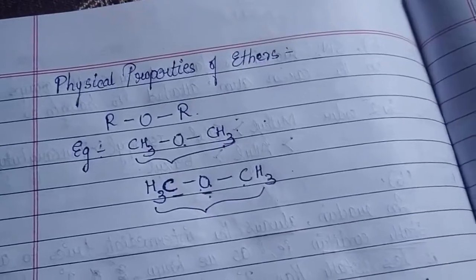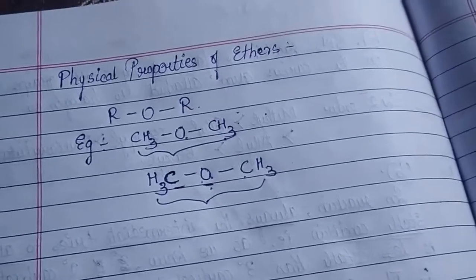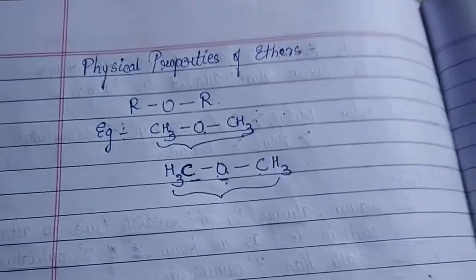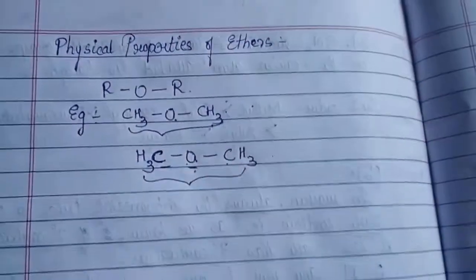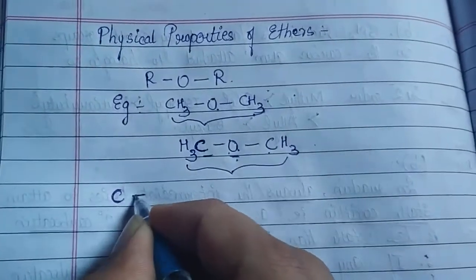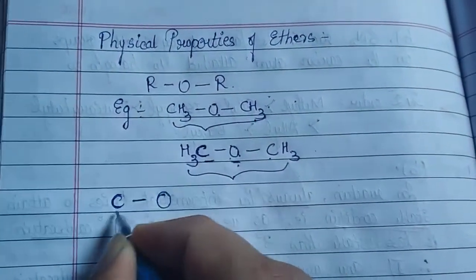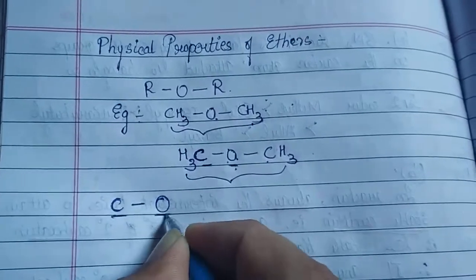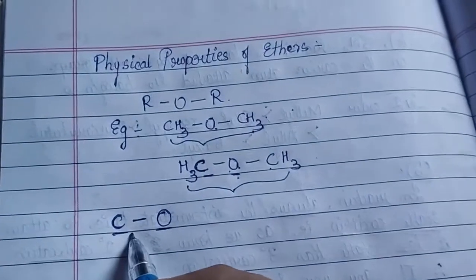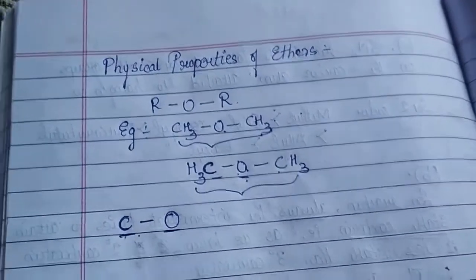But of course we know that such a polarity will exist depending upon the bond present between the different atoms. So in ethers, when we see that bond representation, we came to know that the bond existing in ether is mainly between your carbon and oxygen. I repeat, the bonding present in the ether is between your carbon and oxygen.